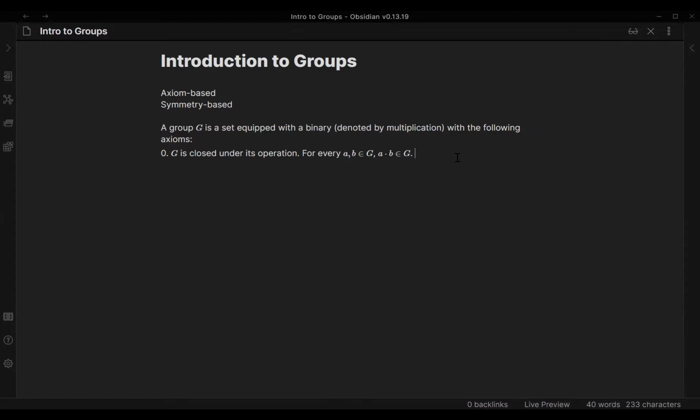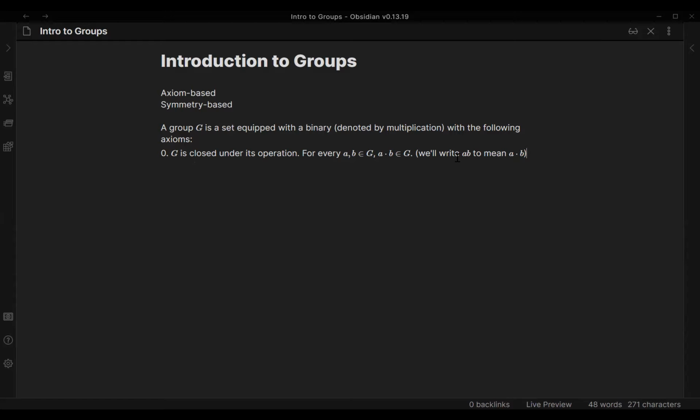For ease of writing, we'll write AB to mean A times B. So this is like multiplication. You should be familiar with this. We almost always write the group operation multiplicatively, and we almost always drop the multiplication sign.